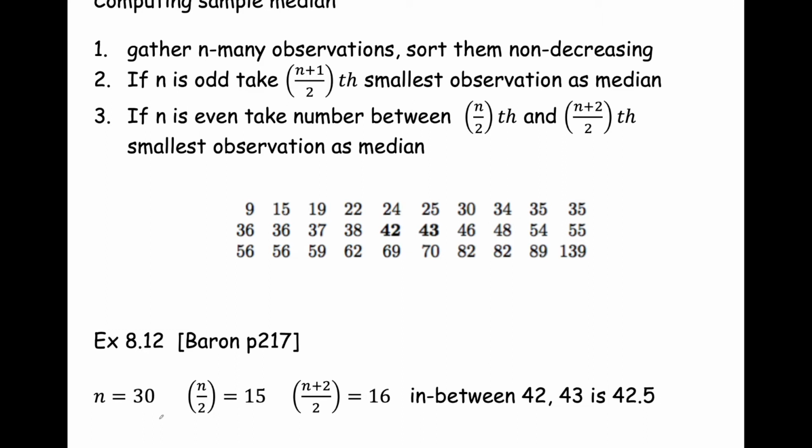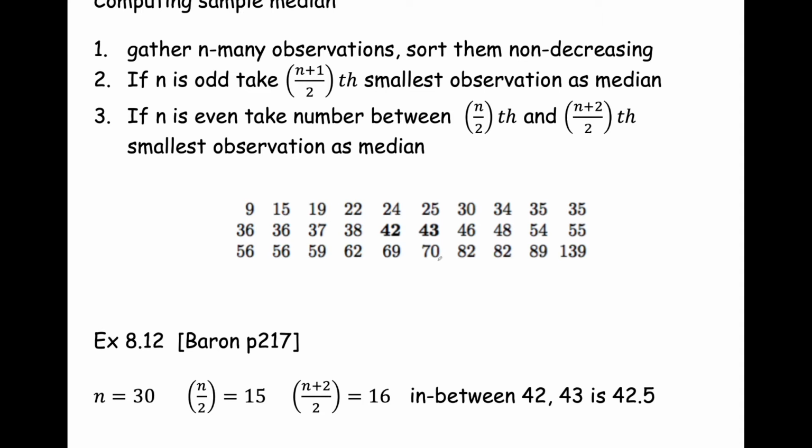If it is odd, you take n, add 1, divide by 2, and you take the (n plus 1) over 2 smallest observation. Of course, this case is even. We have 3 rows of 10 for 30 numbers, and you take the midpoint between the two middles, which is the n over 2nd and the (n plus 2) over 2nd observation.